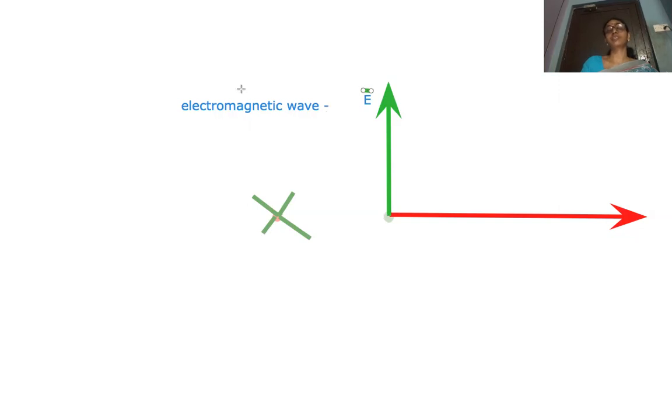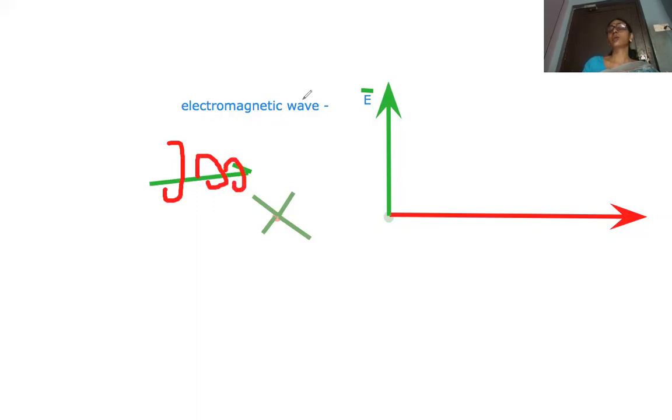In your physics, you might have studied how the magnetic field is developed around it. In the form of loops you will be getting around it, right? So the magnetic field is developed around the electric field in loops like this.